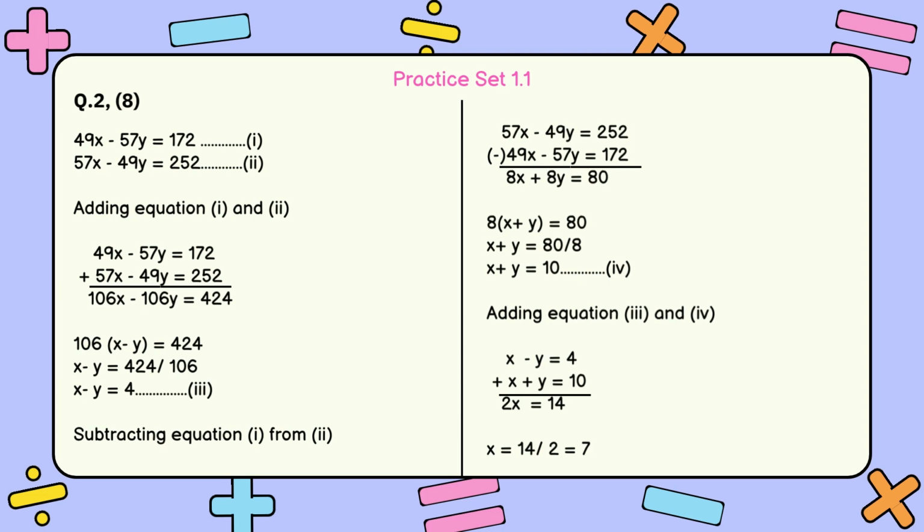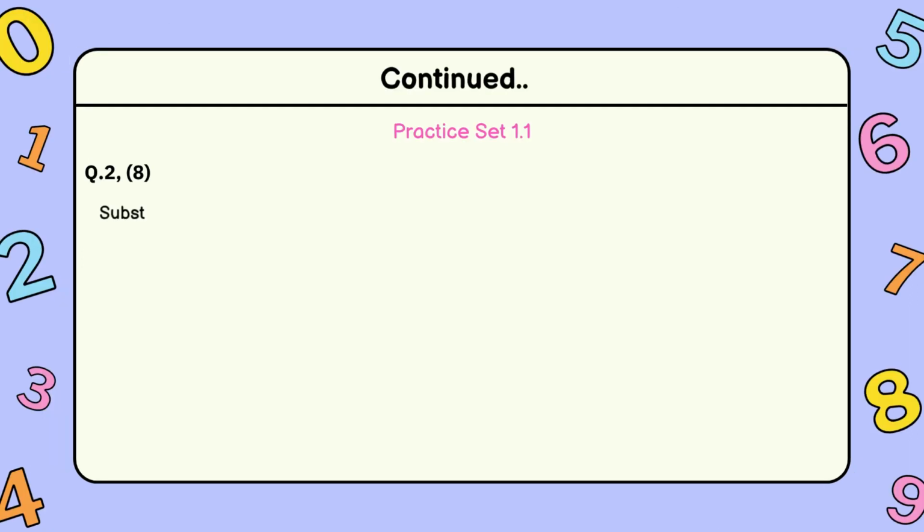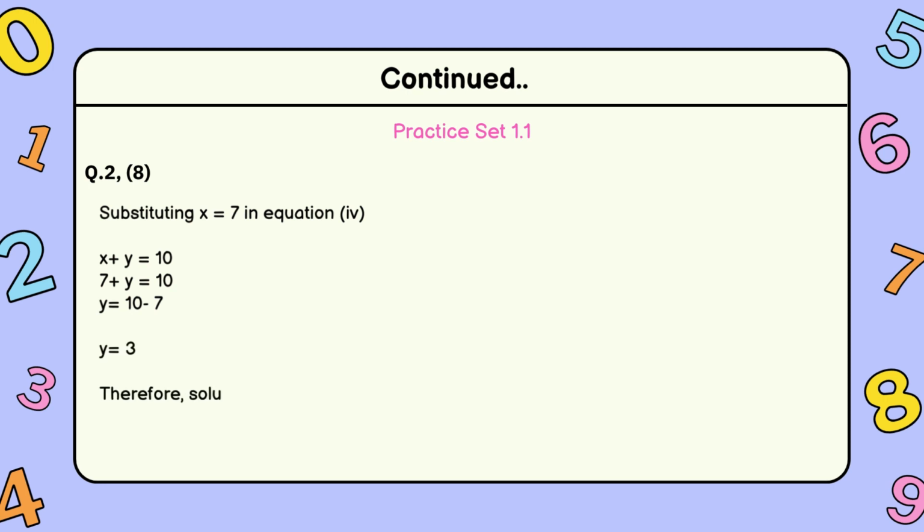Now the value of x comes as 7 after solving. We substitute this value of x as 7 in equation 4 and after solving that we get the value of y as 3. The final answer is therefore solution of x and y is 7, 3.